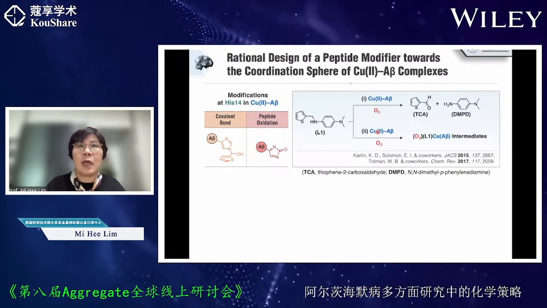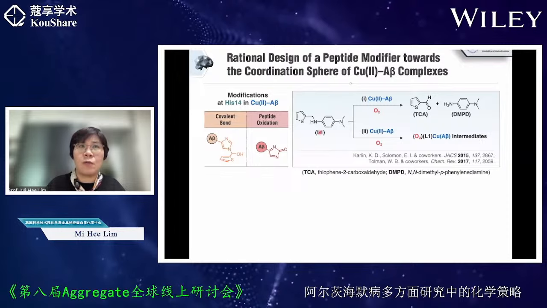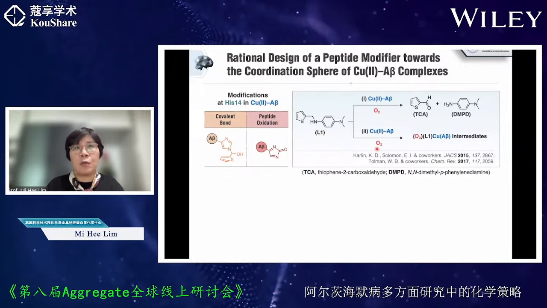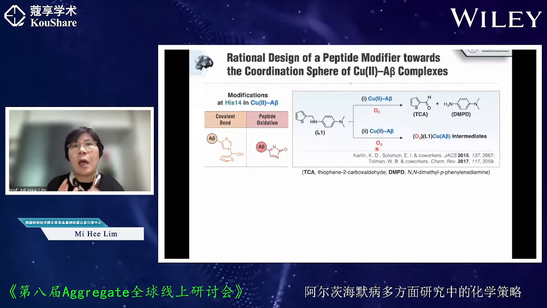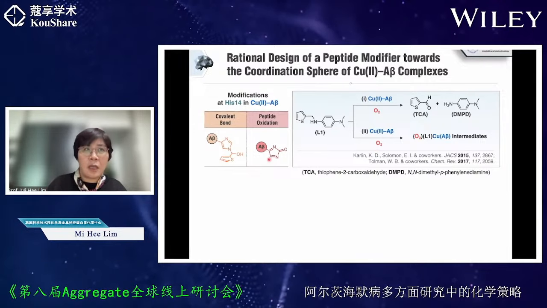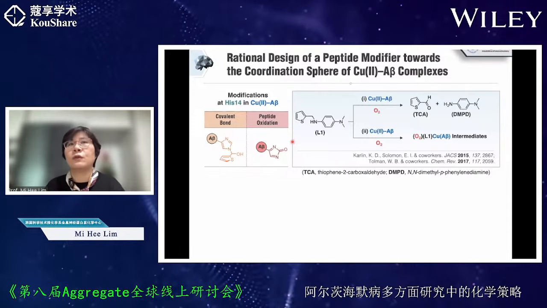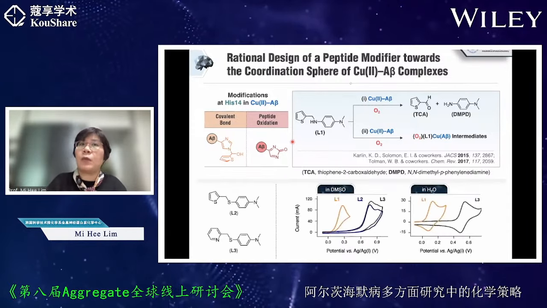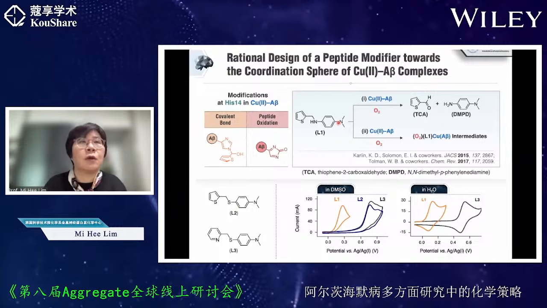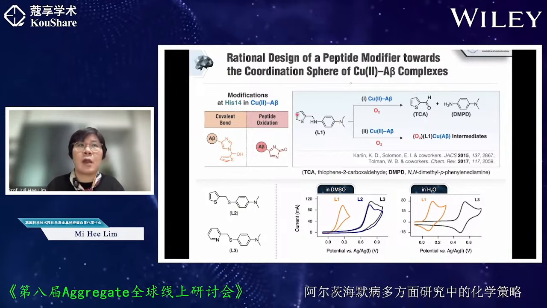Also, the copper A-beta in the presence of L1, with O2, can generate a copper-O2 intermediate that can oxidize the histidine residue, generating 2-oxohistidine.